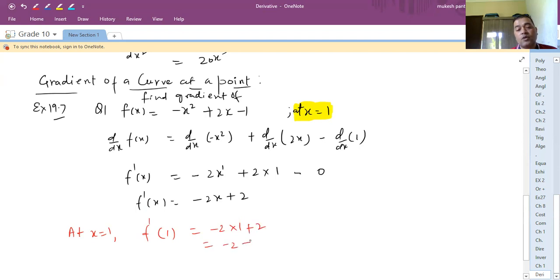So negative 2 plus 2 is 0. So the gradient function at x equals 1 is 0. So how do we get this? First of all, find the first derivative and then replace x by 1. Whatever value of x is given in the question, replace by that value and then calculate whatever answer you get. That will be the gradient at that point.